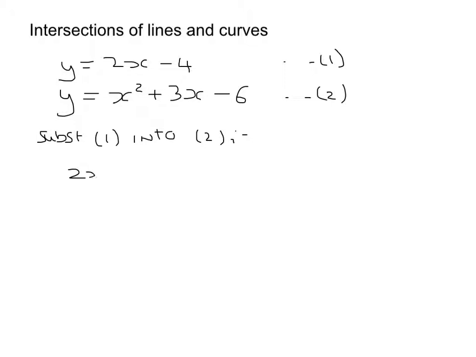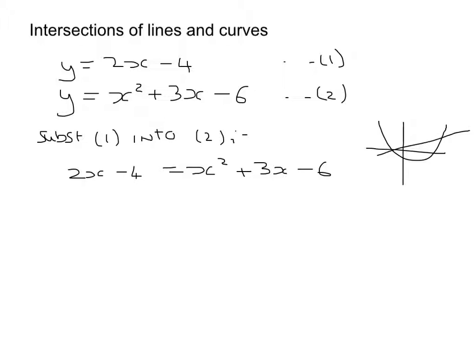So we'll end up with 2x minus 4 equals x squared plus 3x minus 6. Now this is going to be a quadratic, which makes sense because if we've got a curve like a parabola, the line's likely to cross it twice, therefore we'd be looking for two solutions.